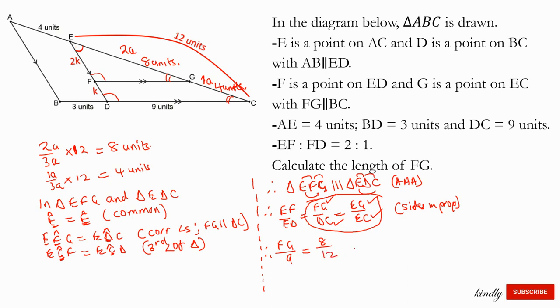Therefore FG is equal to 8 over 12 times 9, making it 6 units. So FG is 6 units. Okay, done. That's what you're supposed to do there. So we'll meet when you do question 6.